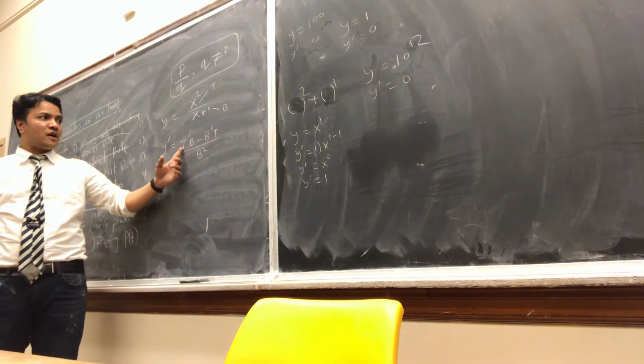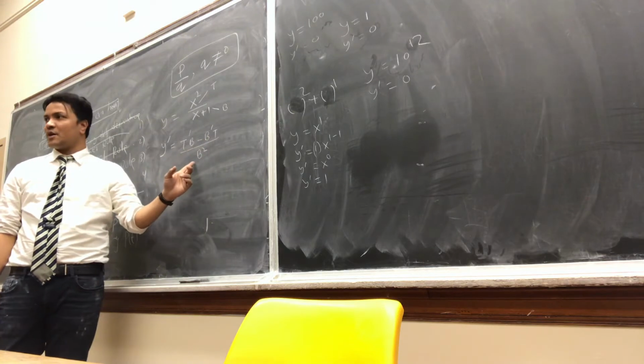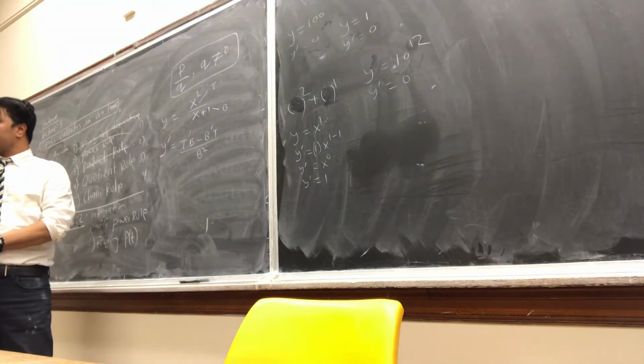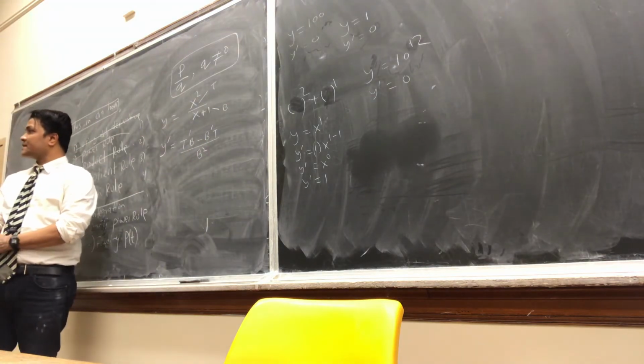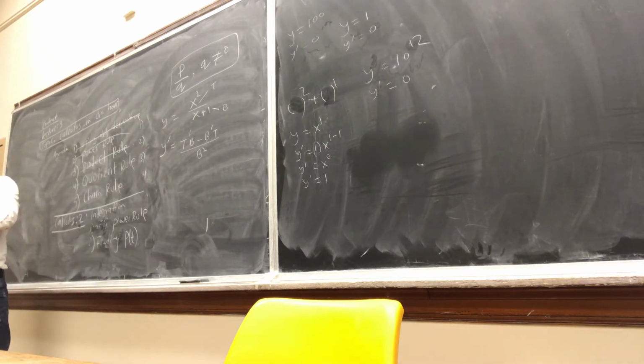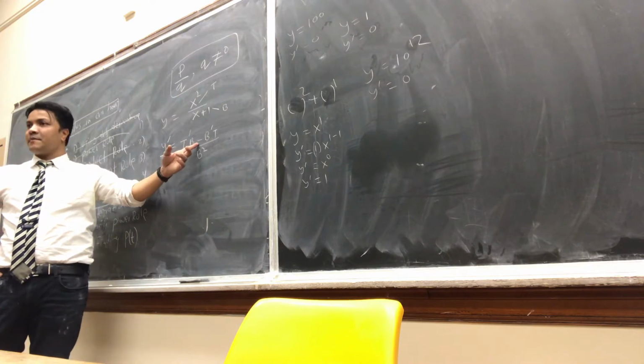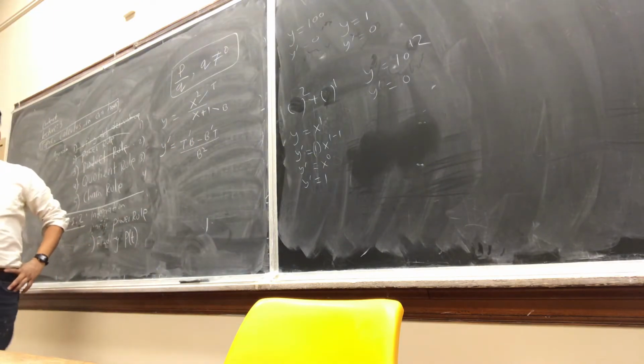So who wants to say it? Okay, go ahead. Derivative of y equals derivative of top times bottom plus derivative of bottom times top over bottom squared. Almost right. Instead of plus, it is minus. Everything is right except the minus.